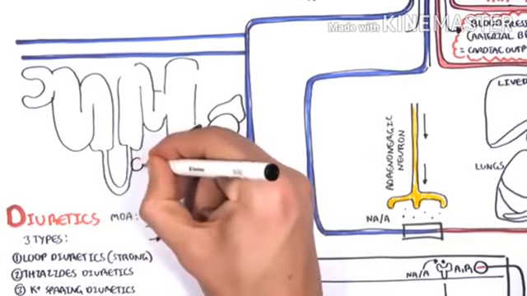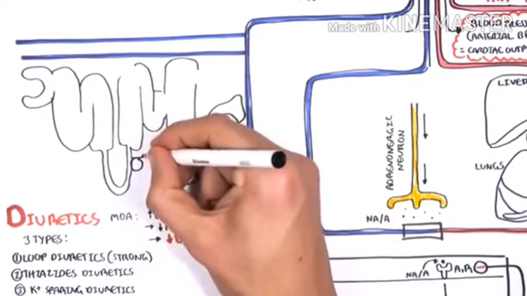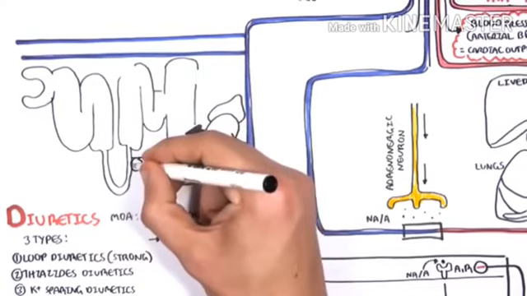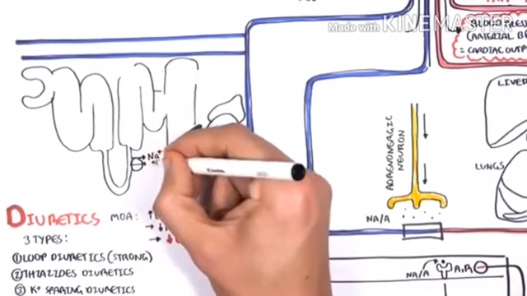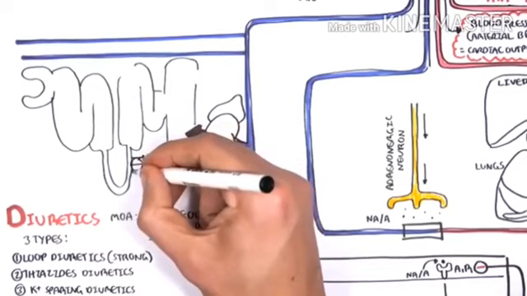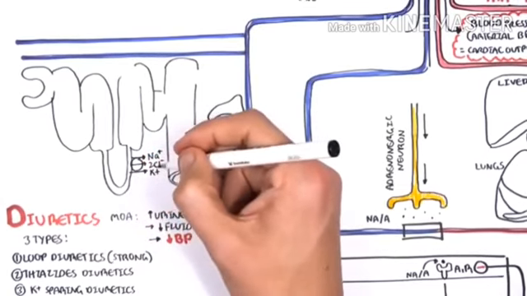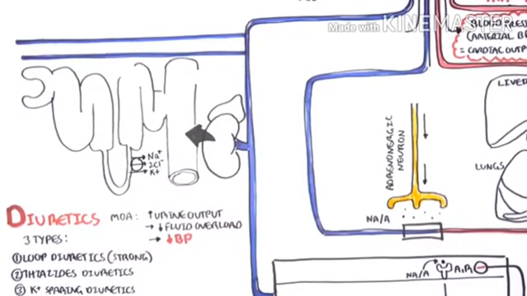The loop diuretics mainly act on the loop of Henle. In the loop of Henle, there is one transporter which is responsible for reabsorption of one sodium ion, two chlorides and one potassium ion. Along with the reabsorption of the sodium ion, water is also reabsorbed into the blood.